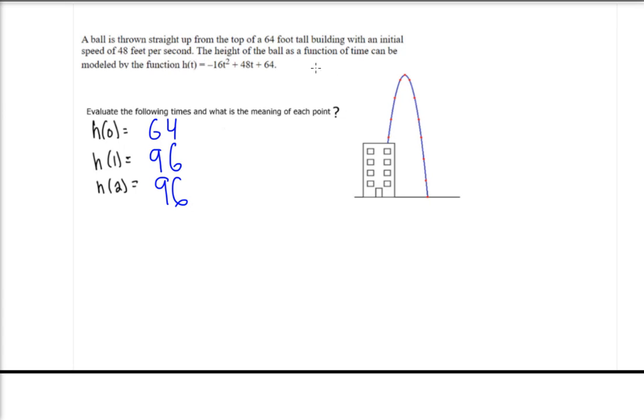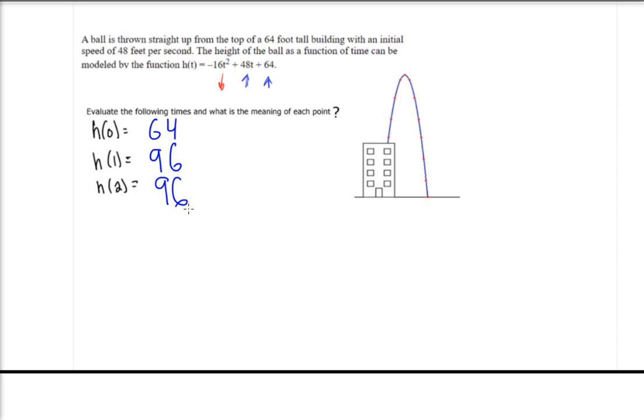The height of the ball as a function of time can be modeled by this function. The height with respect to time is given by negative 16t squared plus 48t plus 64. So we have control over these two numbers, how fast we throw, and we also have control over where we start, the initial height. We don't have control over gravity.